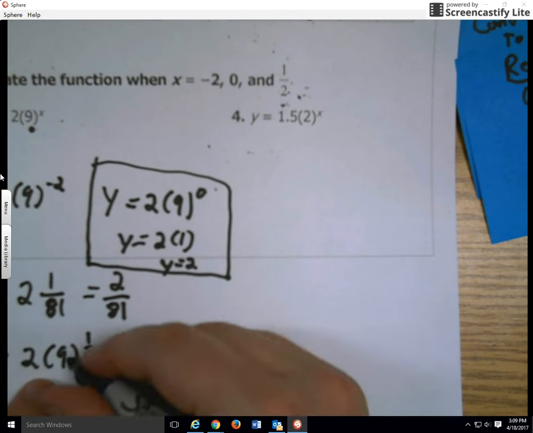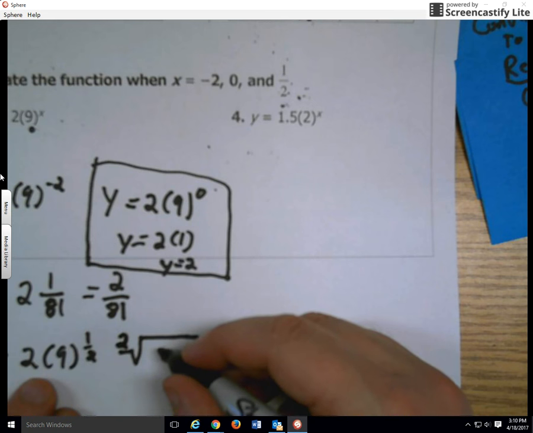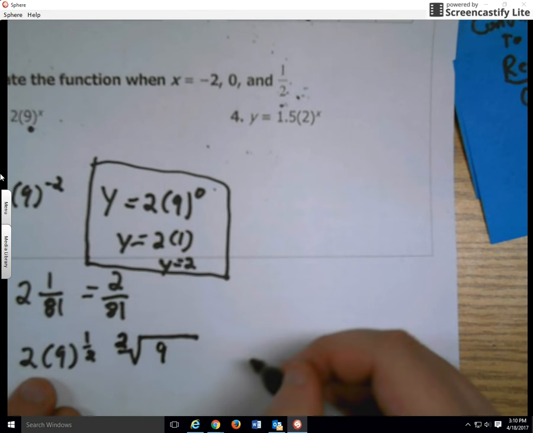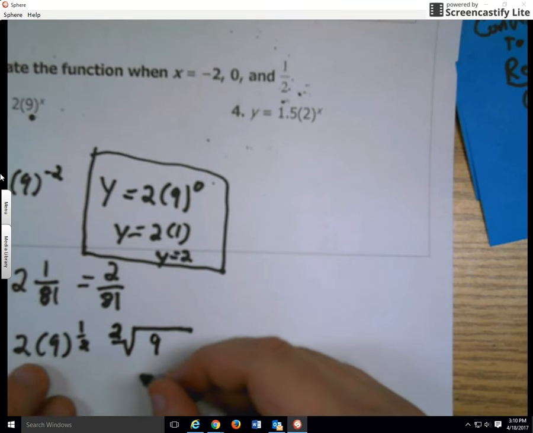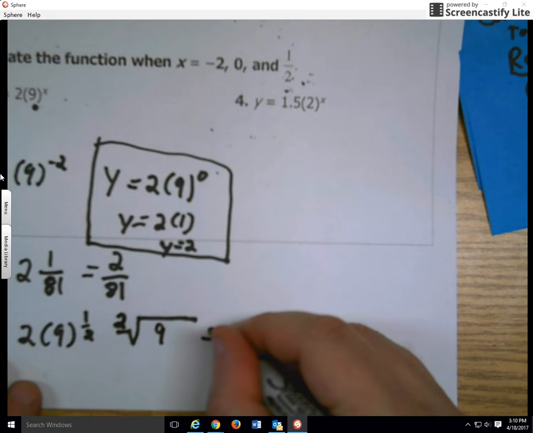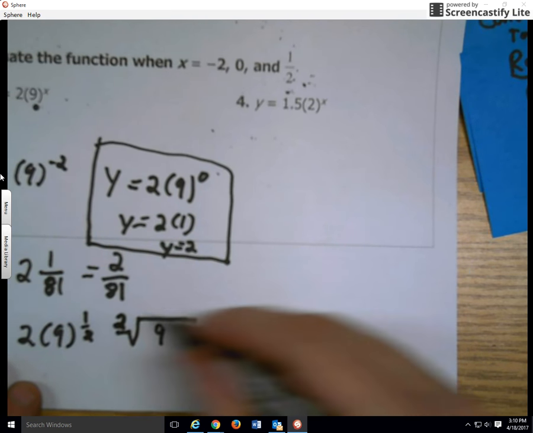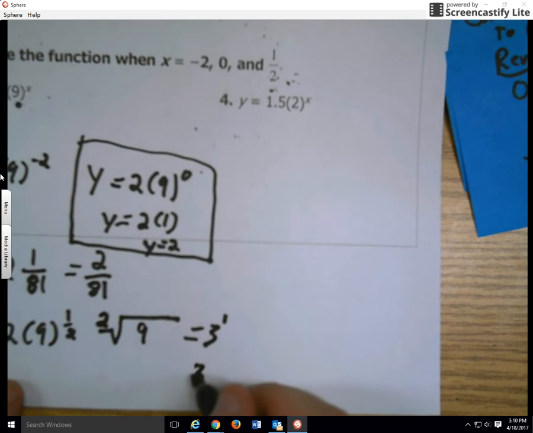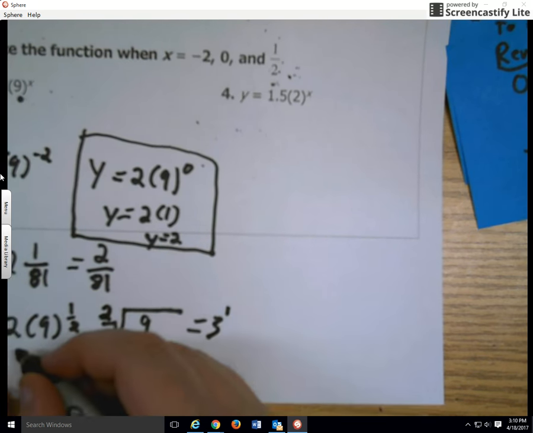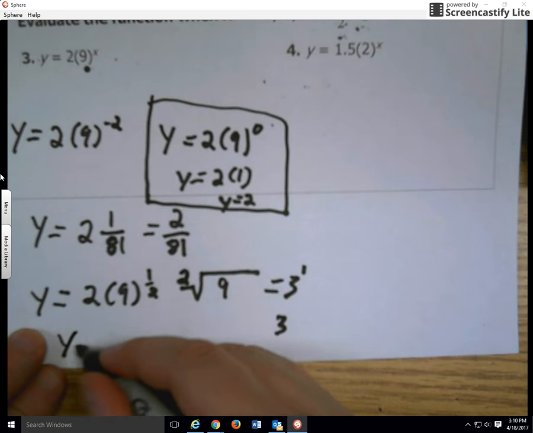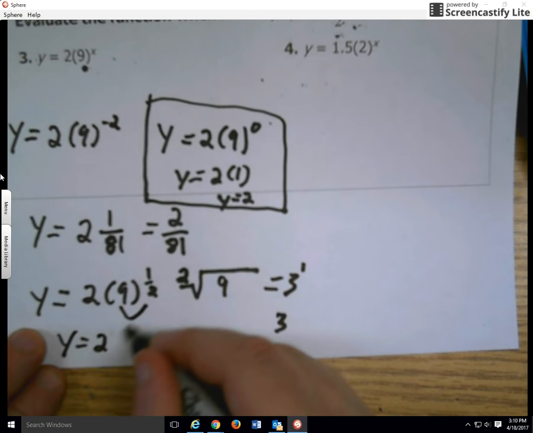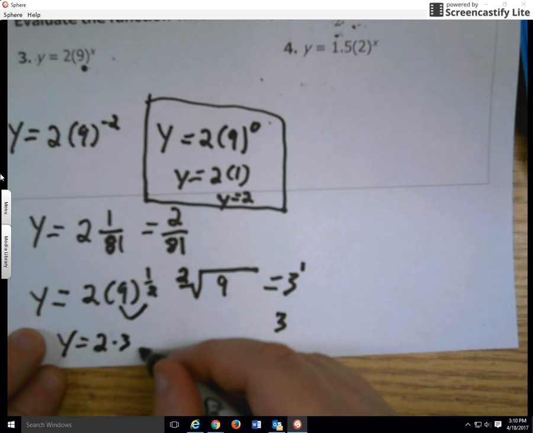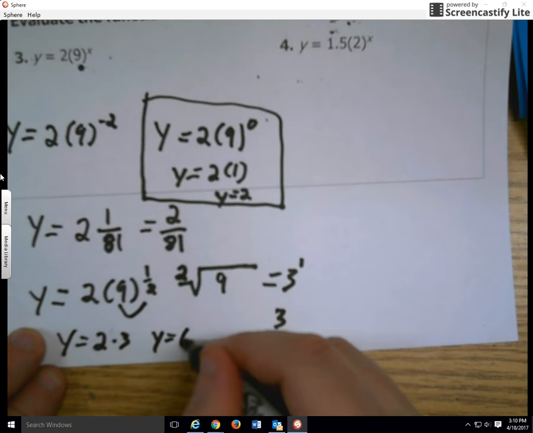And the radicand, of course, is the 9. So we're basically asking for the square root of 9, which is 3, to the first power, but 3 to the first power is the same thing as 3. So if we remember all this, let's go back to our equation here. y equals 2. We did all this to find out it was 3. So y equals 6.